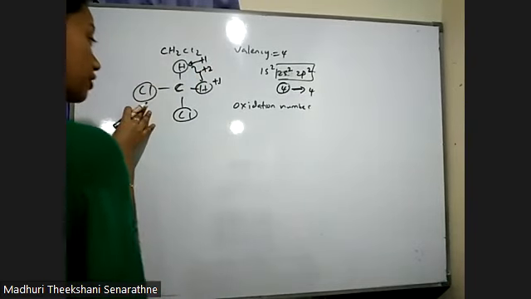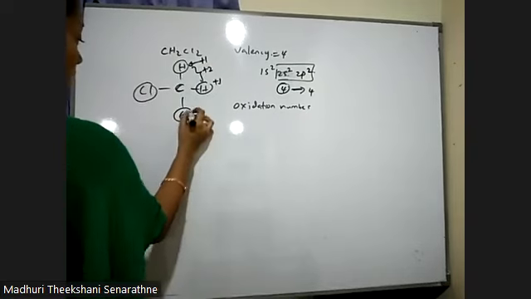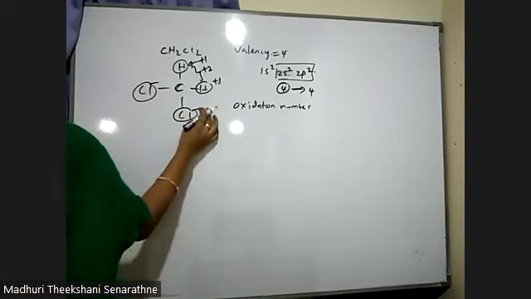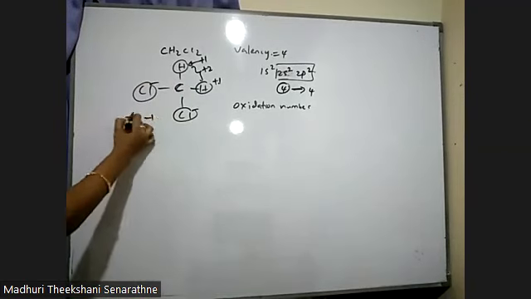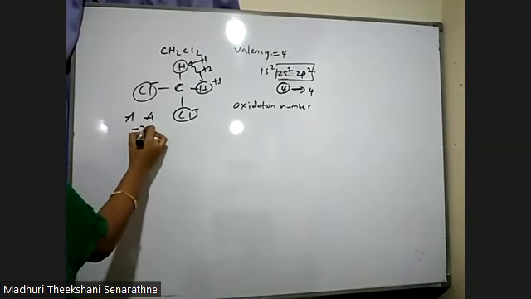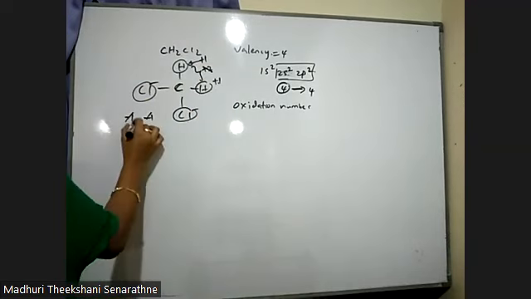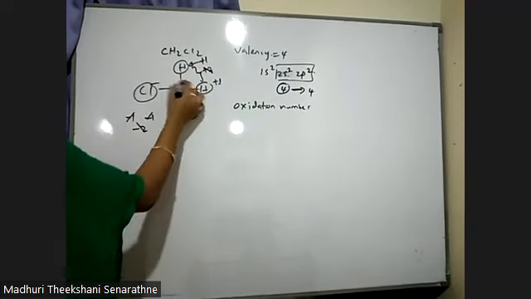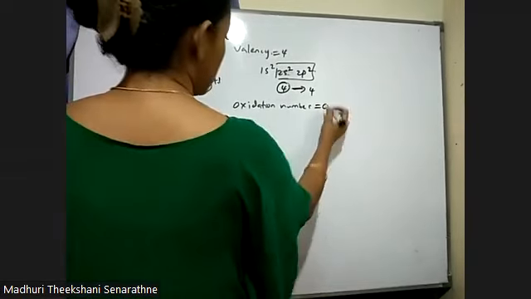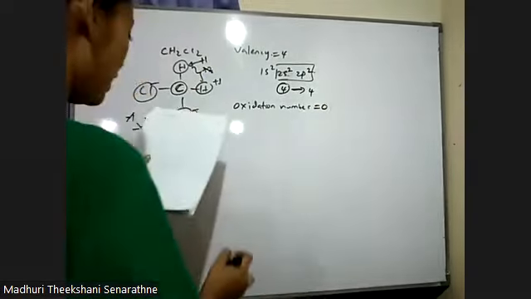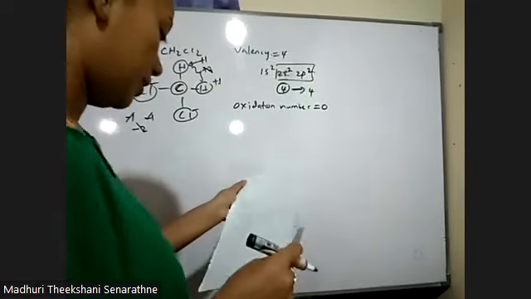Chlorine is an electronegative atom. Therefore, it takes -1 oxidation number, -1 means again -2. +2 plus -2 means 0. Therefore, carbon should take the oxidation number 0. Okay, the answer is number 3.